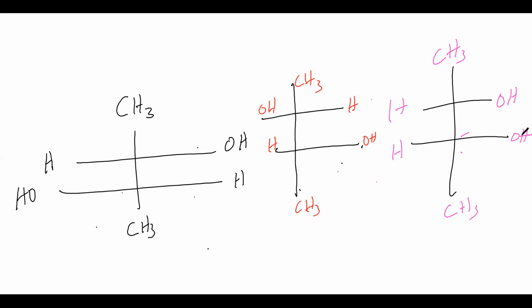So we can clearly see two isomers here, the D and L, dextro and levo isomers of butane 2,3-diol.